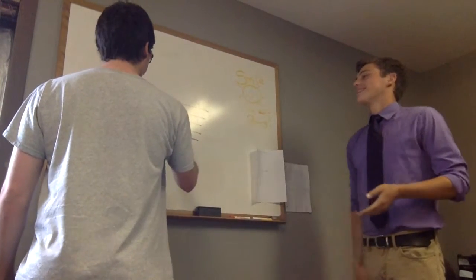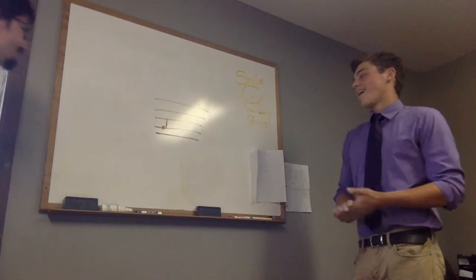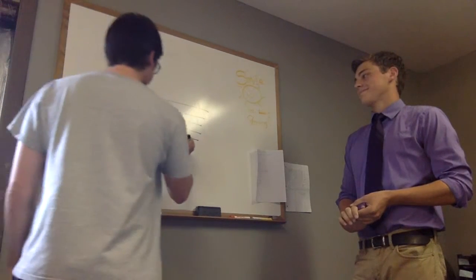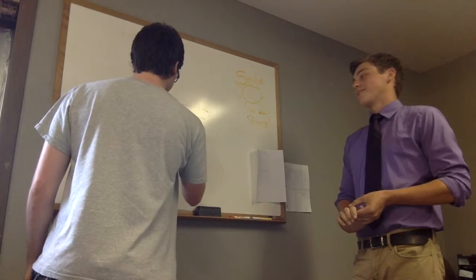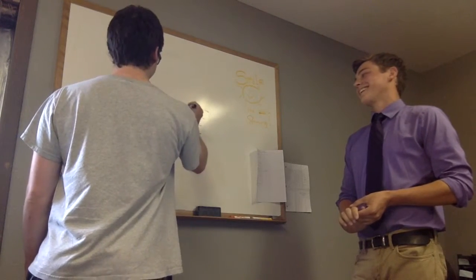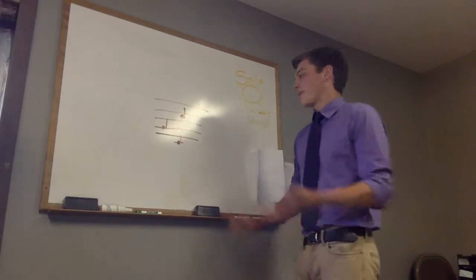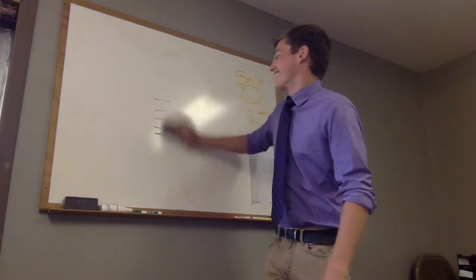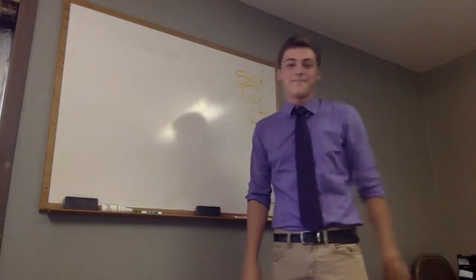That's fine. And then how about a C? There you go. What about the other one? There you go. Awesome. What about an H? Nope. Good catch. All right, so you can have a C.